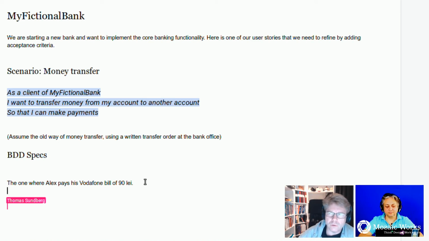So we know that you have an account and there are enough funds to be able to pay the bill. So, given Alex has, and now we can say enough funds, or we can use a concrete number. I want to use a reasonable number here, so I say that you have 3,000 lei on an account.